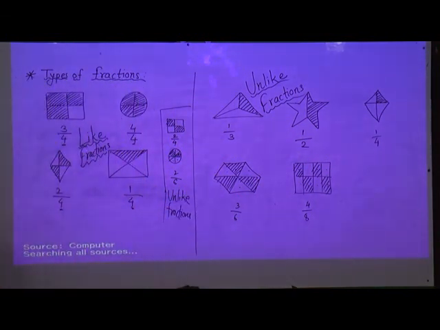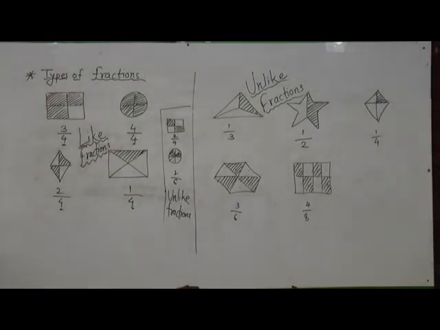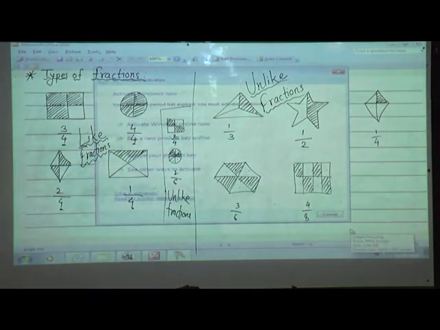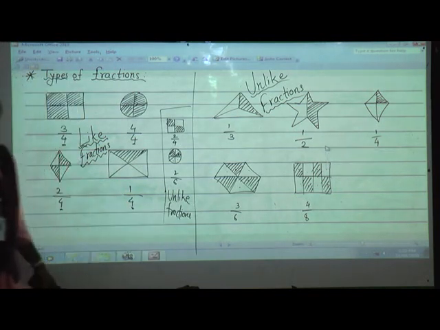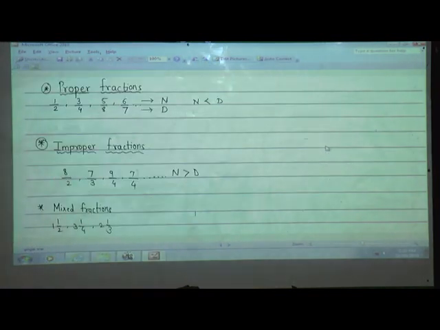Only if denominators are the same, they are called like fractions. If denominators are not the same, they are called unlike fractions only. Keep in your mind. Now we are going to see proper fractions, improper fractions and mixed fractions.